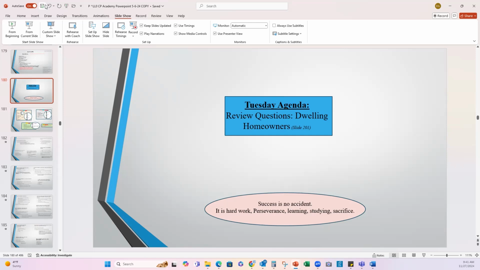What letter is medical payments on a homeowner's policy? F. It's F. F for fix the body. What is the coverage E?